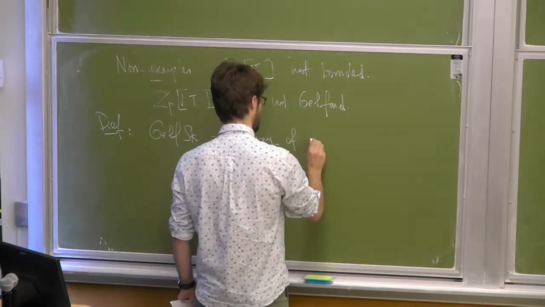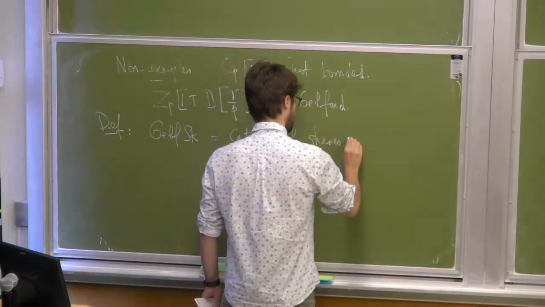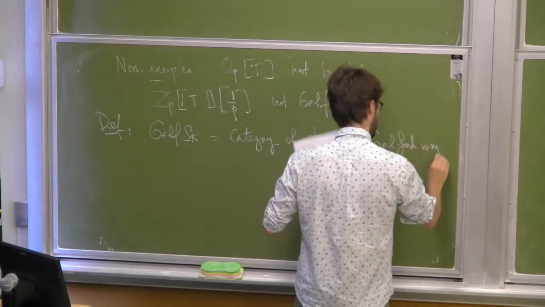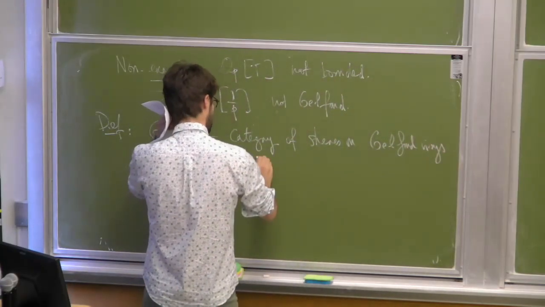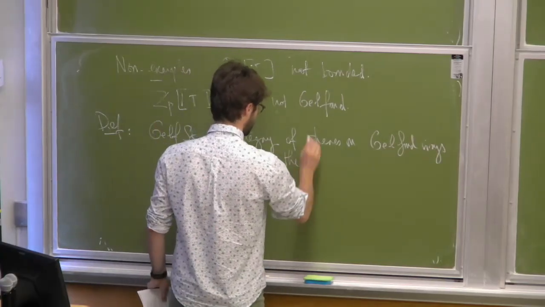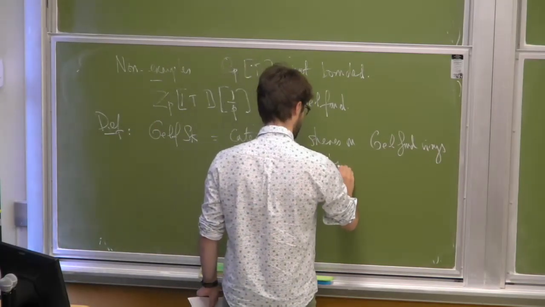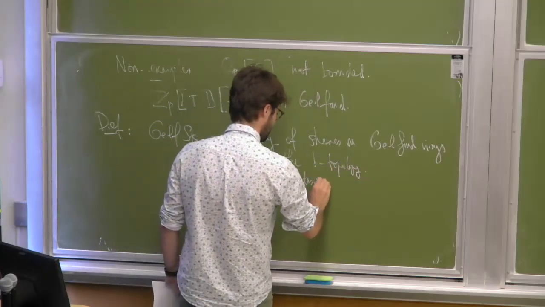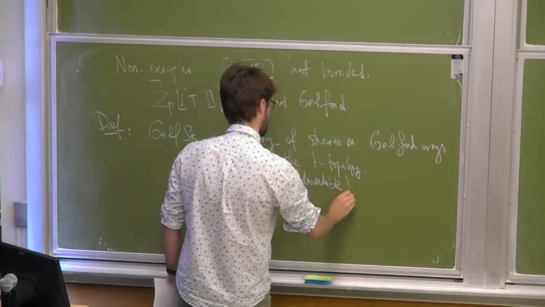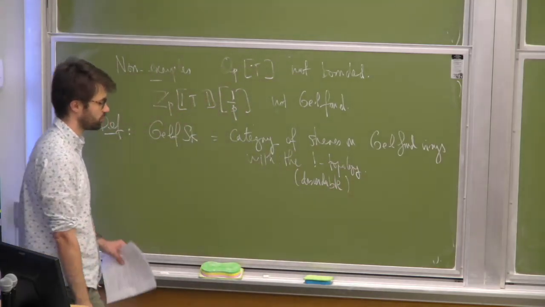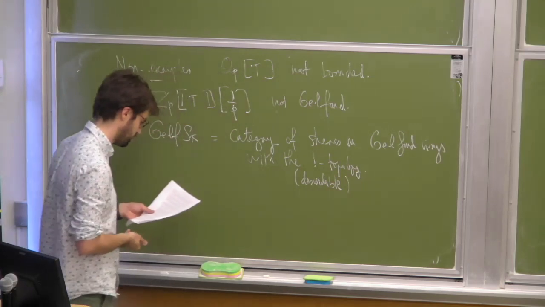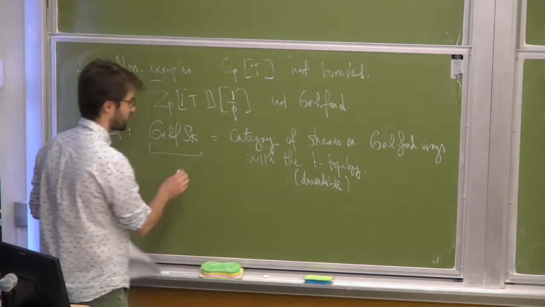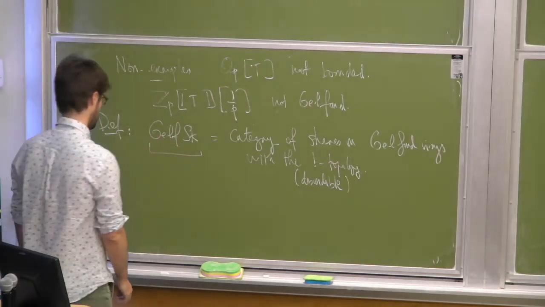So it is the category of sheaves on the category of Gelfand rings with the same topology, because, as I already explained, I always take my analytic ring structure to be induced from Qp solid, so it's just the same as the descent topology. That's really the category of geometric objects with which we want to work.